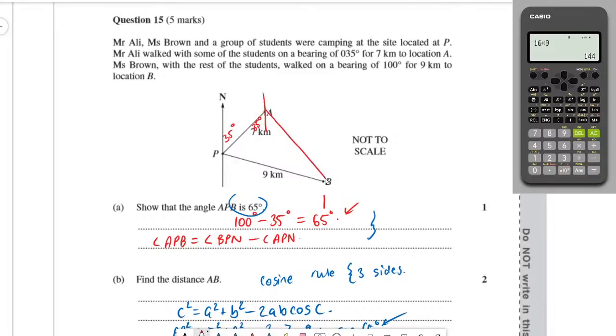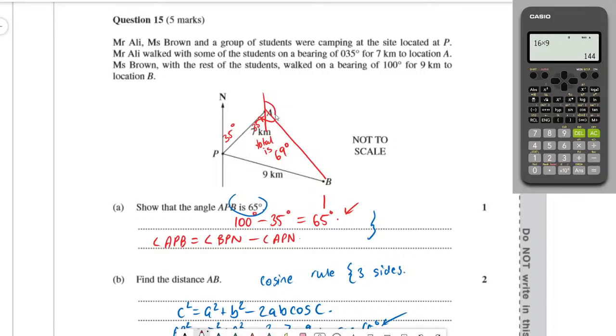Now we know that the total of this angle in here, so the total, you use trig to work out the total is going to be 69 degrees. So this whole thing's going to be 69 degrees.